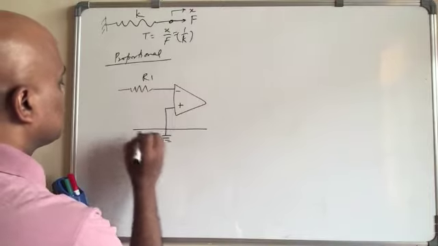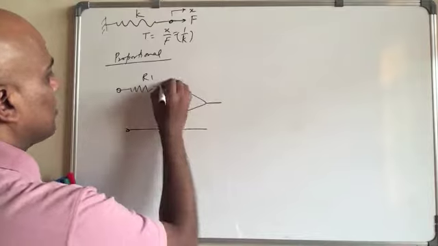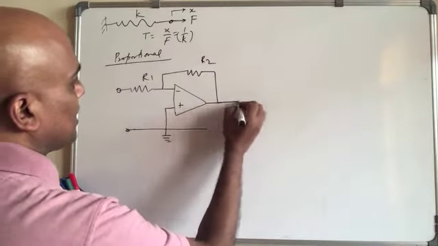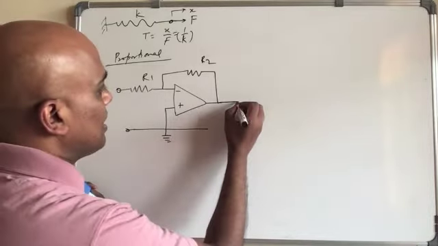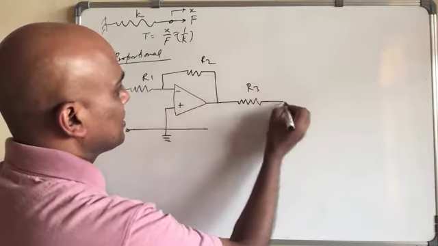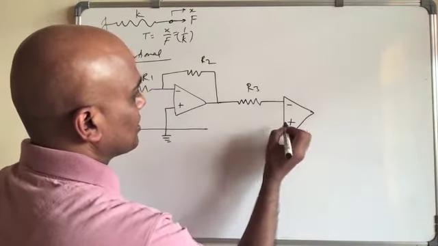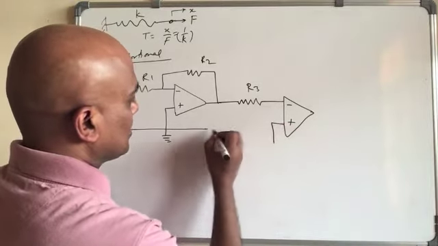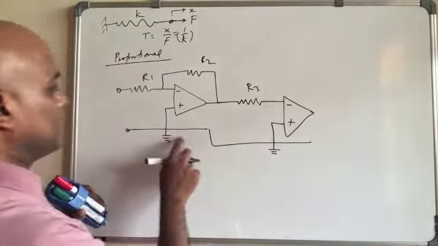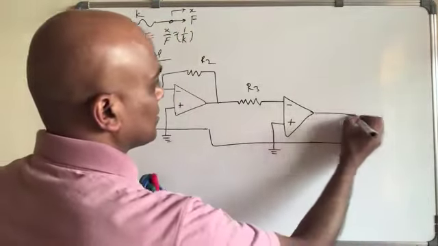Then you have R2 here, and then again you will have R3, another op amp here.